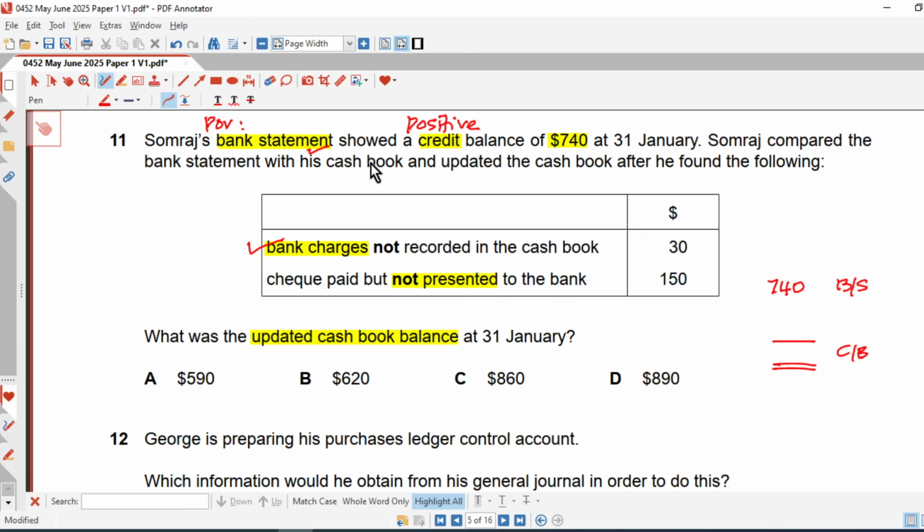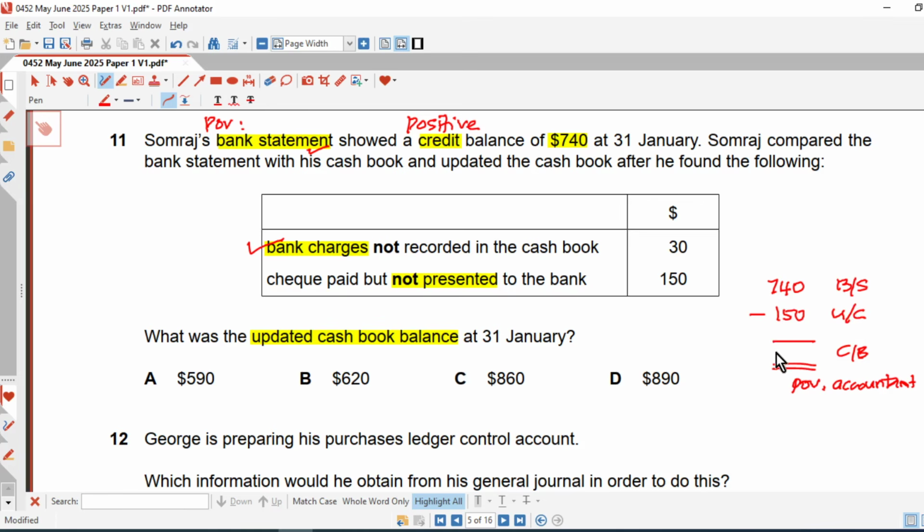Now, the unpresented check, that's the one we need to adjust for. So we are working towards the cash book. Cash book is the point of view of the accountant. So as an accountant, I would deduct all unpresented checks. Once I make a payment, I will deduct the unpresented check.